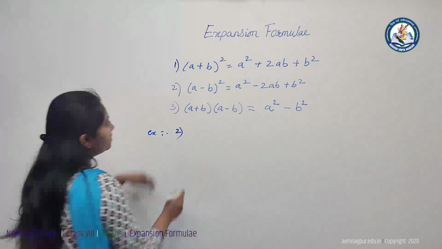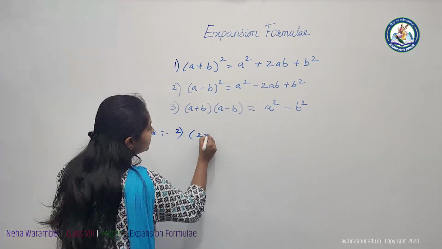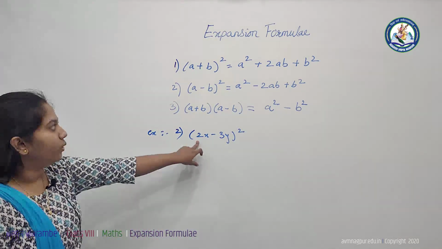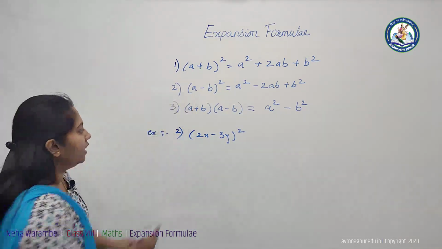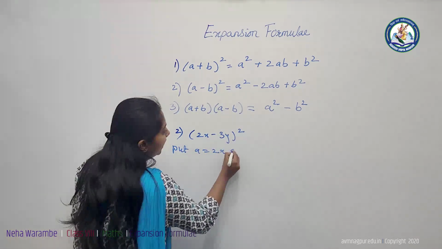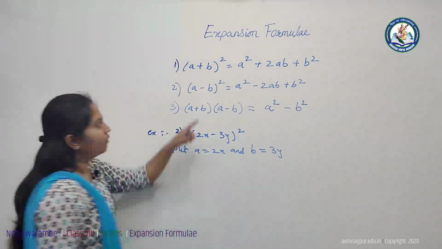Now the second one is based on the formula (a − b)², that is (2x − 3y)². Now put a = 2x and b = 3y in this formula.